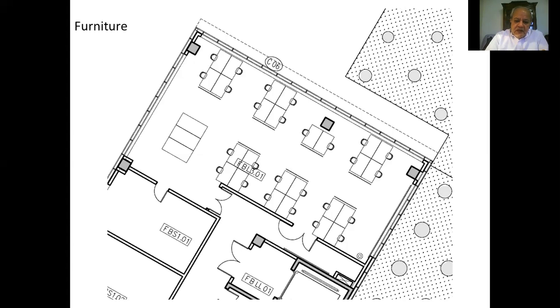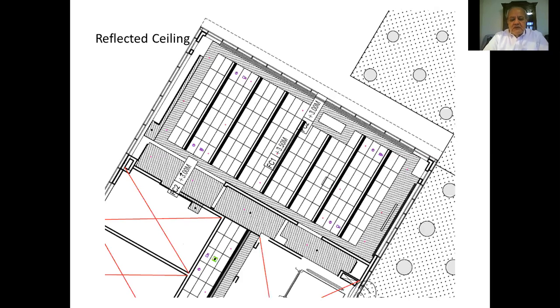So we have this plan of the furniture of the room or the area that we are working on. Then we start to look at the reflected ceiling plan. So instead of looking down, with the same plan we look up. When we look up, we start to see the ceiling, and we see the different systems that are located in the ceiling. We have gypsum boards, false ceiling. We have firefighting sprinkler heads.